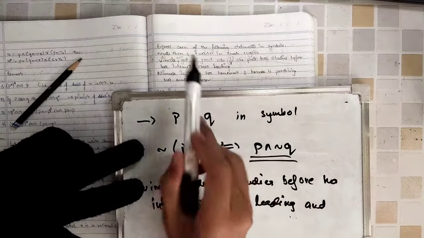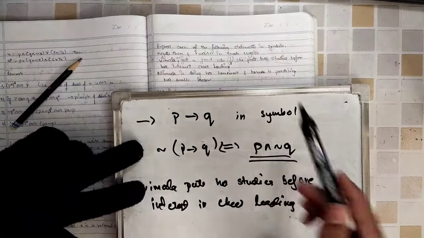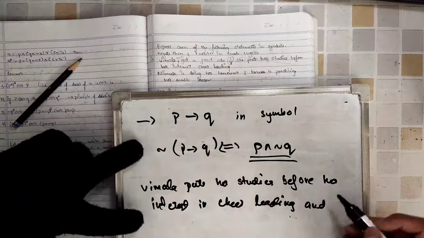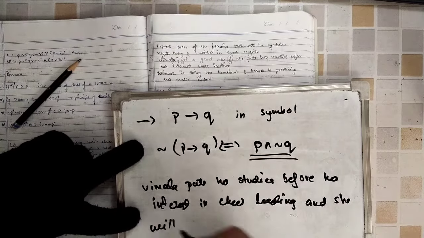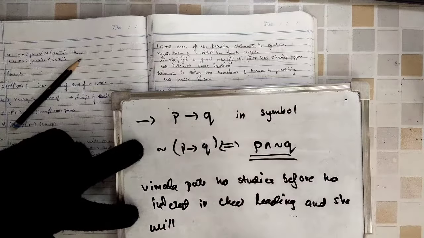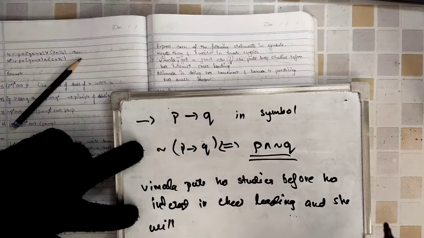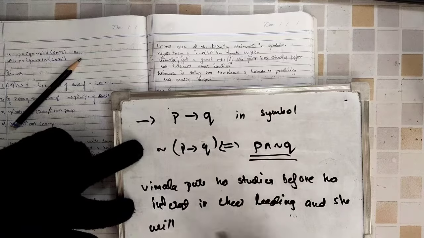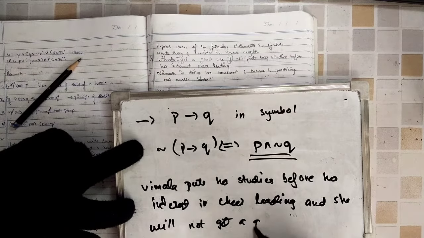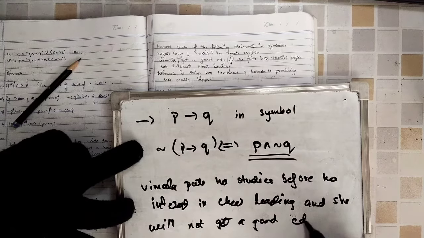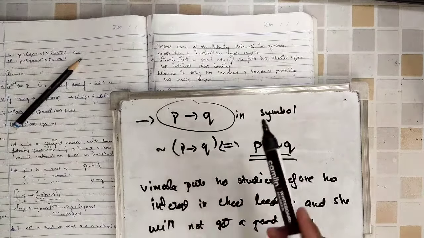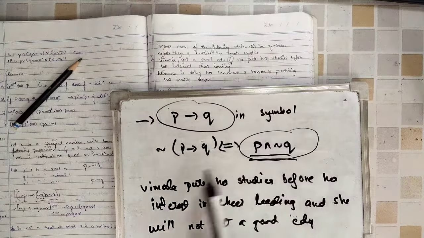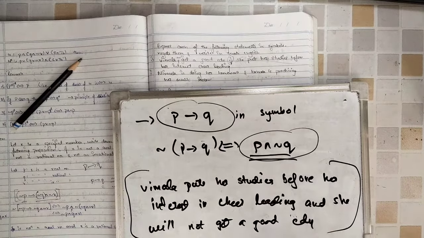Q is nothing but Vimala will get a good education. What is the negation of that? Vimala will not get a good education, so I can write she will not get a good education. It is smooth English. You can also write "and Vimala will not get a good education", but that's not proper English, right? So she will not get a good education. You know what was given? First we converted into symbols, we took the negation of that symbol, and then we wrote it in smooth English. Okay.